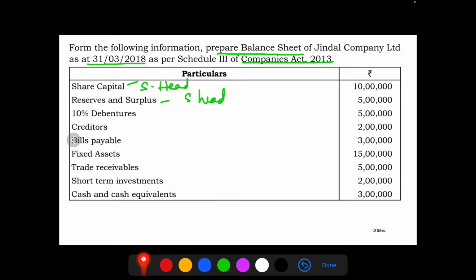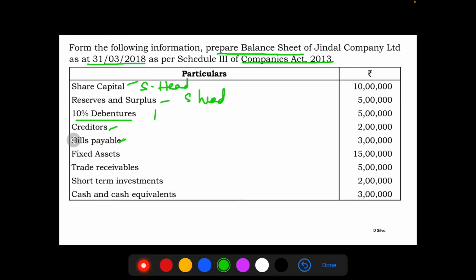The next information given to us is 10% debentures. Debentures are always long-term loans. So for 10% debentures, we will prepare a note to accounts, note number 1, under the heading long-term borrowings. Next we have creditors and bills payable.